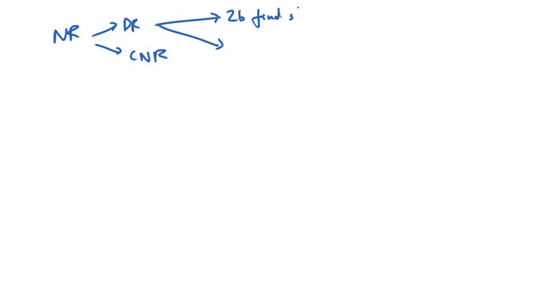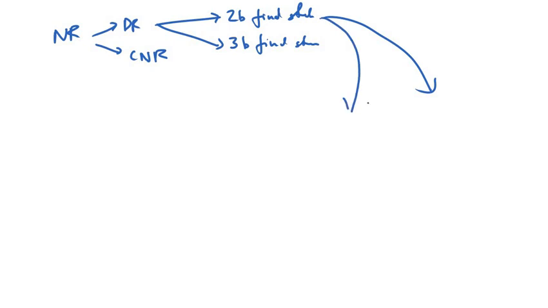As we have already talked about, on the basis of time scale, nuclear reactions can be broadly classified into direct reactions and compound nuclear reactions. Direct reactions can result in two-body final states as well as three-body final states. Again, the two-body final state can be of two types.